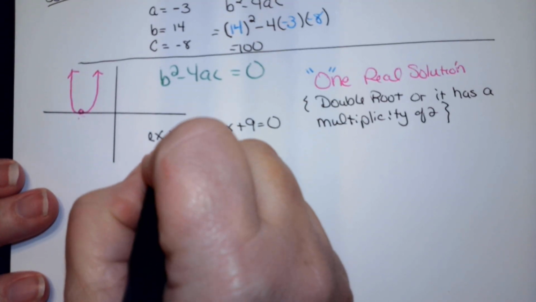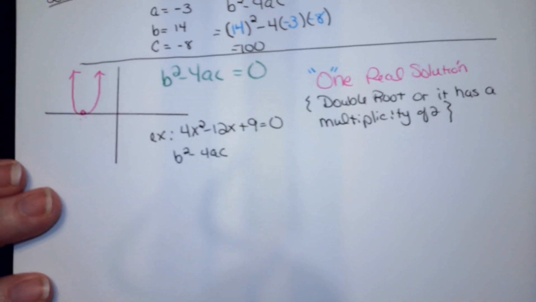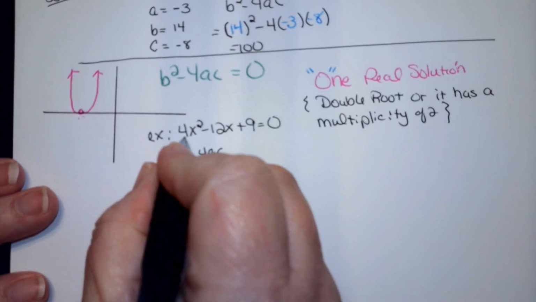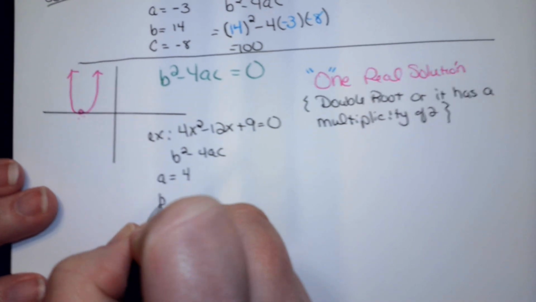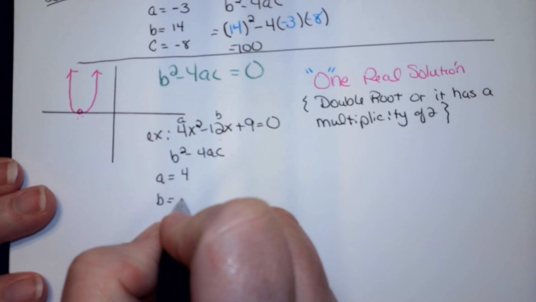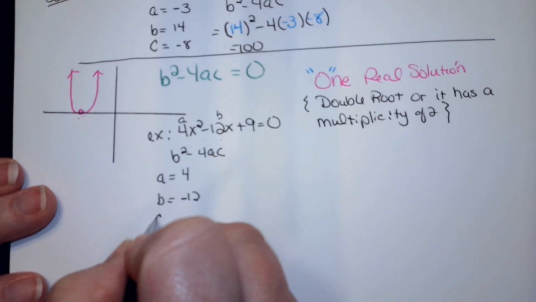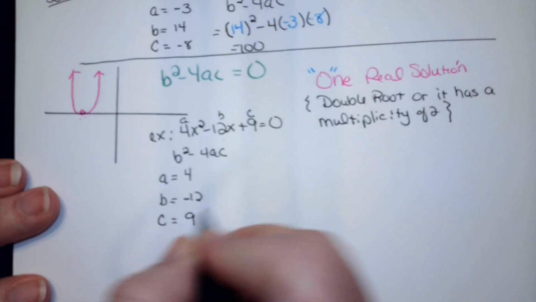Alright, so we've got b squared minus 4ac for our discriminant. Our a value is 4. Our b value is negative 12, and our c value is 9.